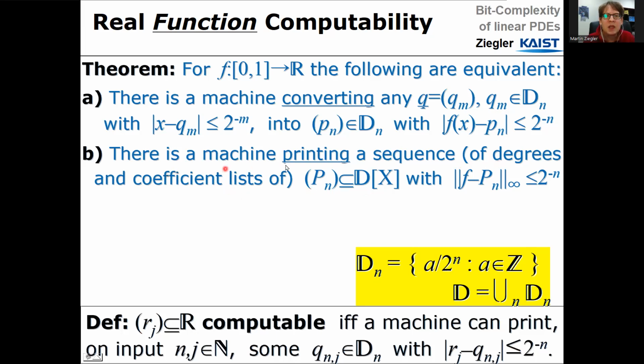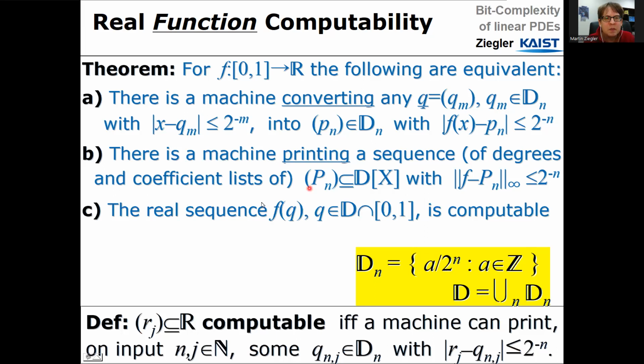So this is really outputting a sequence of finite objects, but an infinite sequence that approximates the given function in the uniform norm up to error 2 to the minus n. So that's the output-only definition. This is a counterpart to the definition of outputting a real number. Now we output a real function. For real numbers, we output a sequence of rational or dyadic approximations. For real functions, we output a sequence of rational or dyadic polynomials.